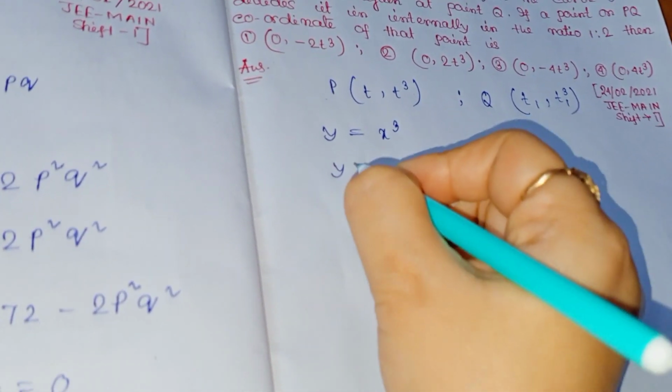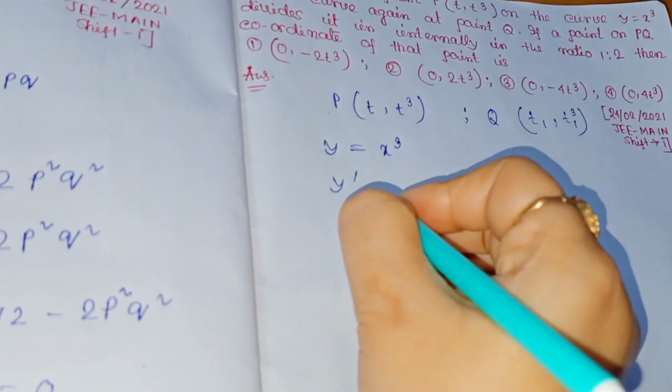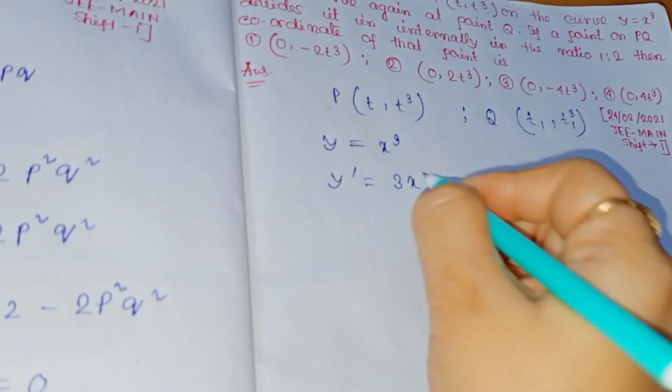If we differentiate, it becomes y dash is equal to 3x square.